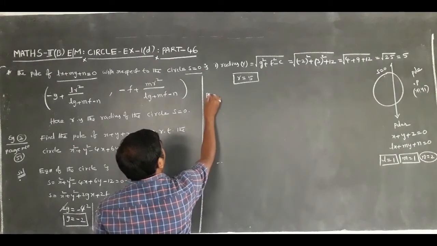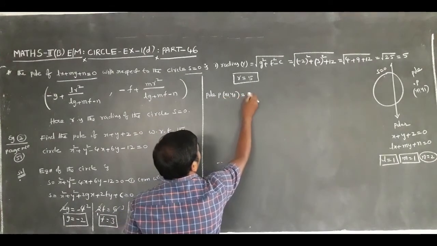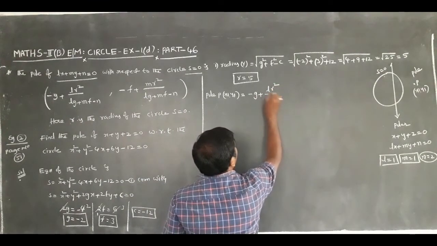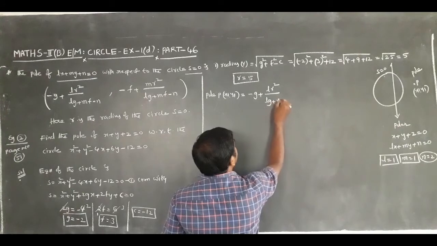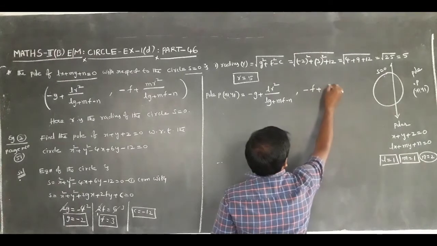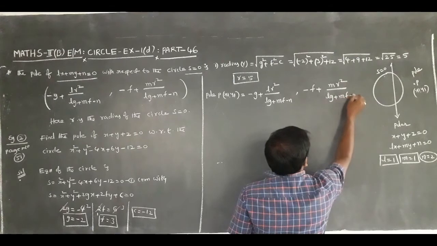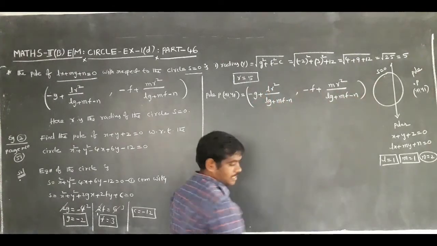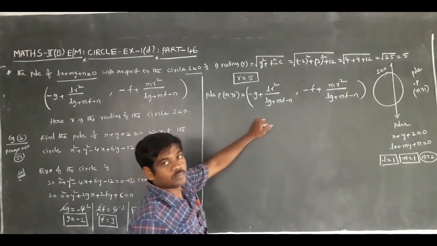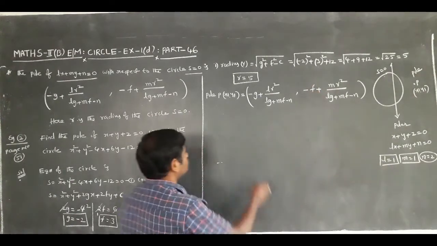By using the formula, pole P(x1, y1) equals (minus g plus L r square by Lg plus Mf minus n, minus f plus M r square by Lg plus Mf minus n). Substitute the g, f, c, L, M, n and r values.